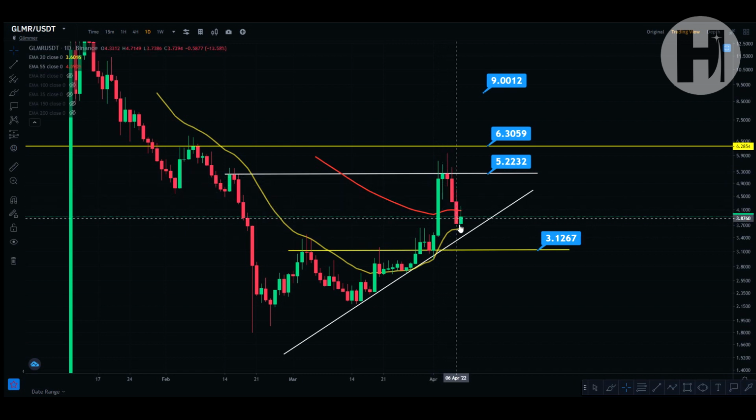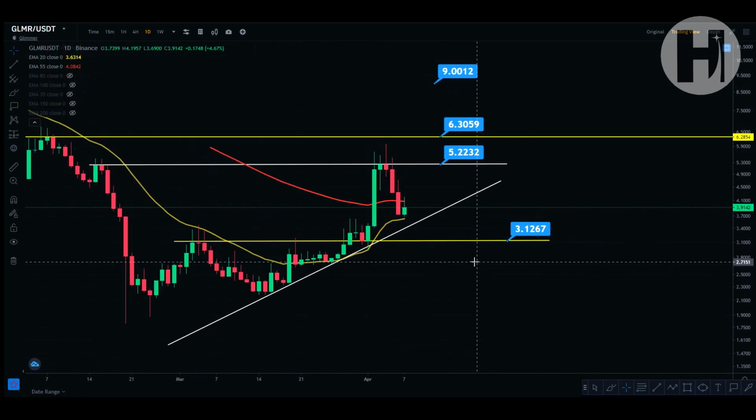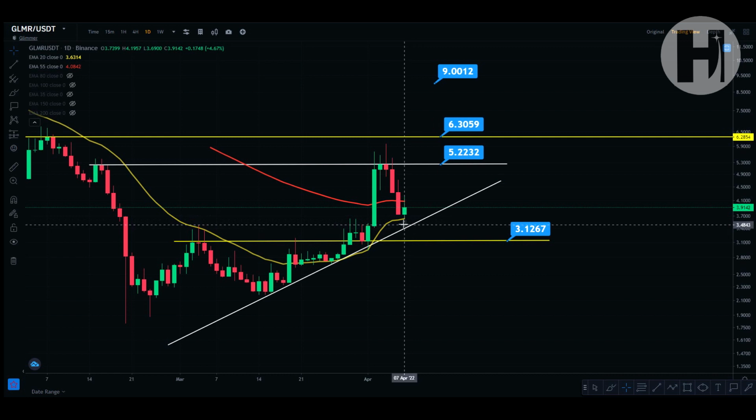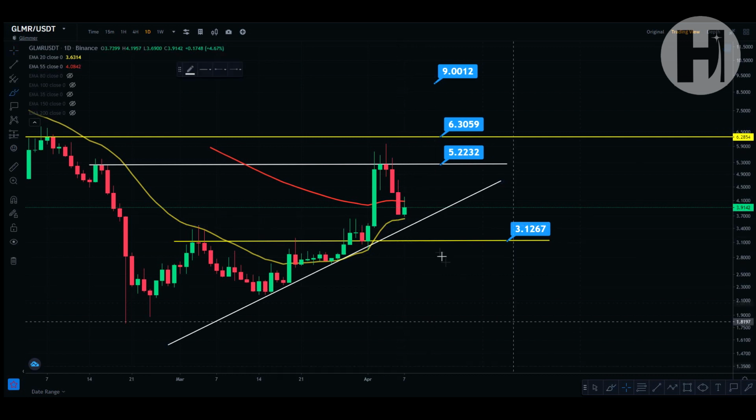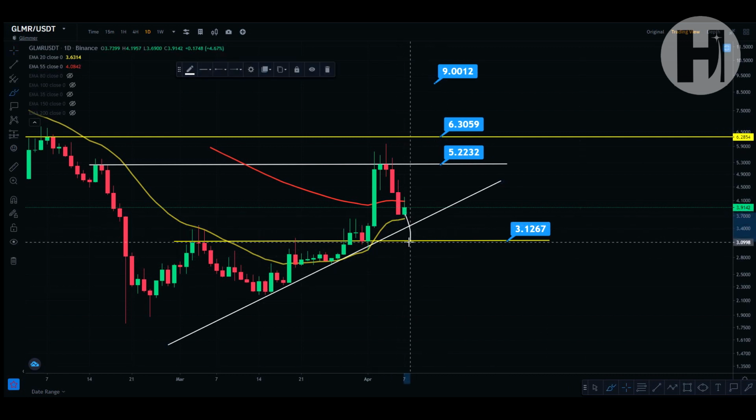Once again, you're pulling back down, and potentially if you start losing the 20 EMA, you start losing the support of the ascending triangle, which would be negative in my opinion, but you can potentially get a wick all the way down to $3.12, and from there you can obviously just jump right back up and have this little wick here and continue on and break to the upside. So that is a potential that I'm looking at.